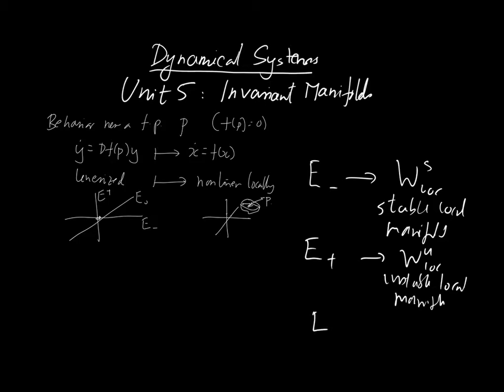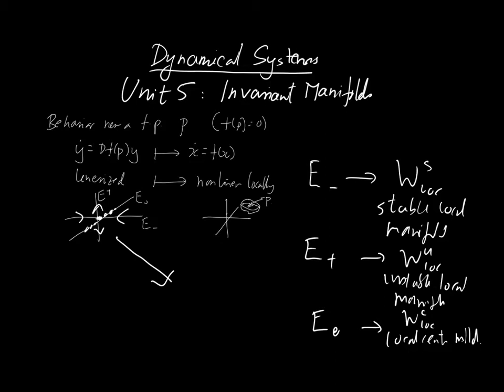And then corresponding to E0 is WC loc, or the local center manifold. And the picture you could think of as follows. E minus, those go in; E plus, those go out. E0 is the center stuff, so I'll depict that as a curve of fixed points.